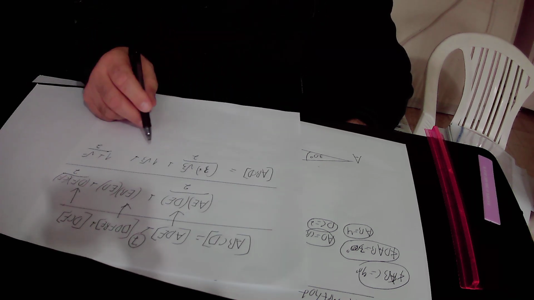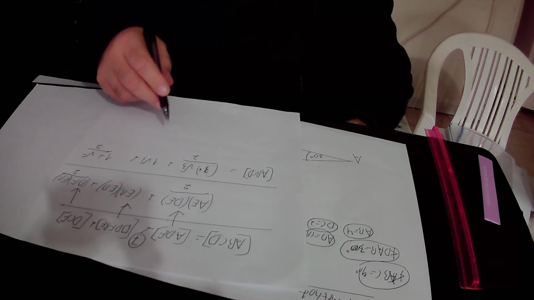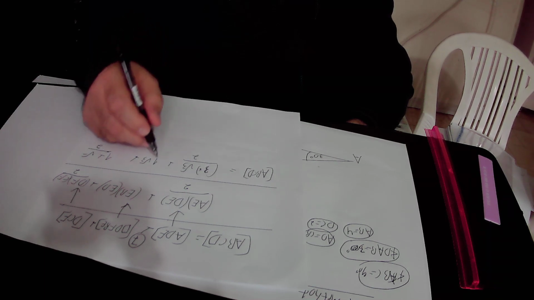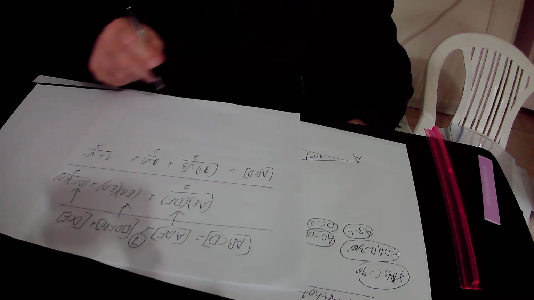Here we will multiply square root of 3 by 2, and then divide it by 2 in order to have a common factor with those 2 expressions.